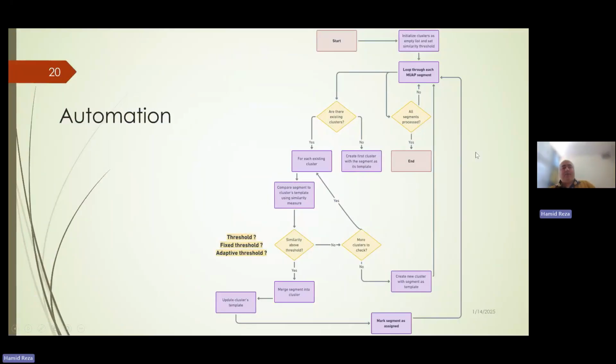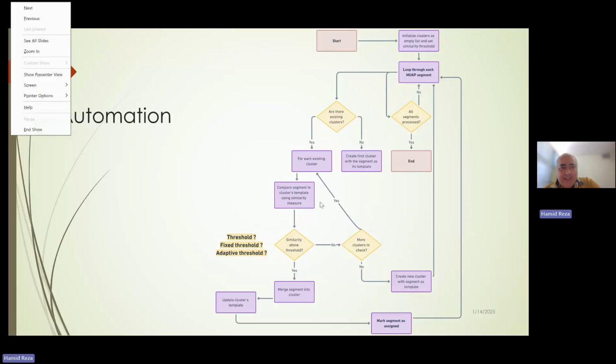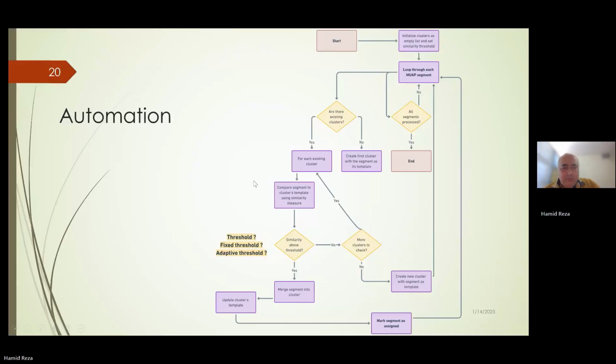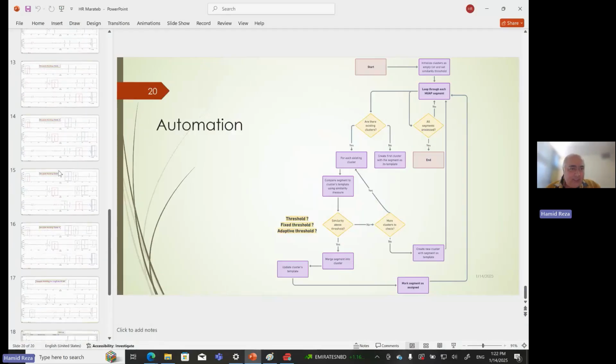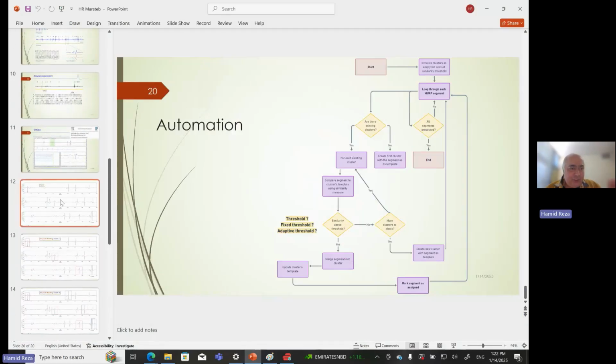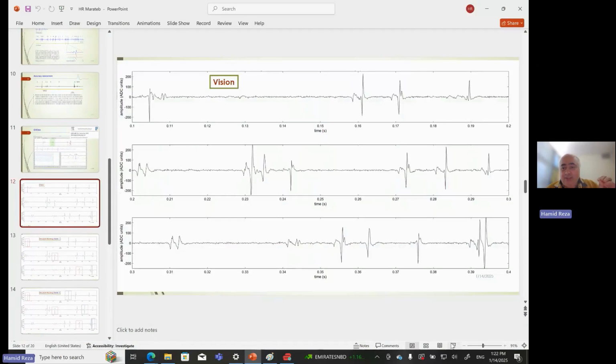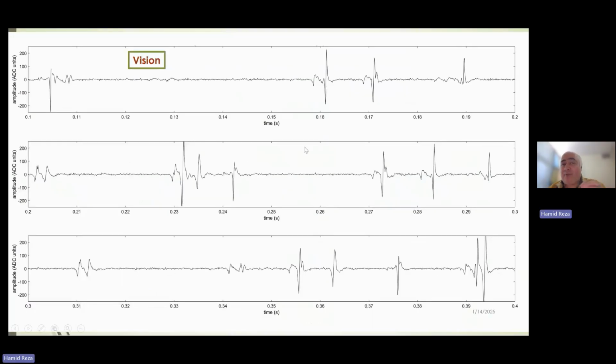Thank you. Okay, perfect. So how can we automate this? Let's get back to the signal and try to imitate what a human expert would do. What I do is this: I pick the first segment. Since it's the first segment, I consider it as a cluster.